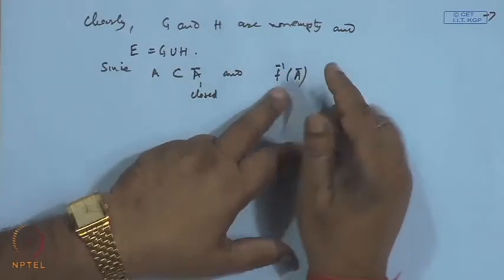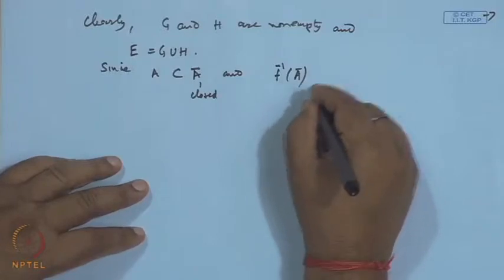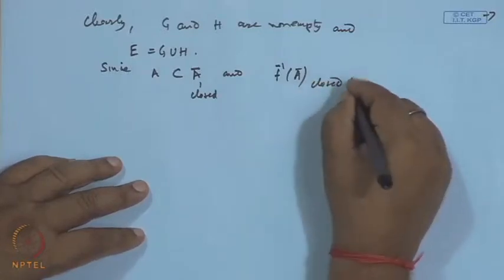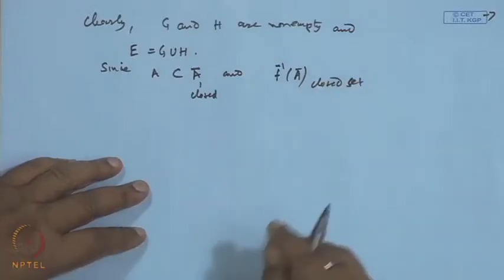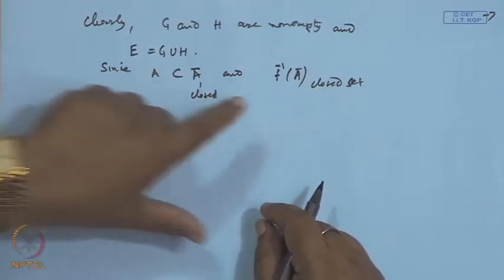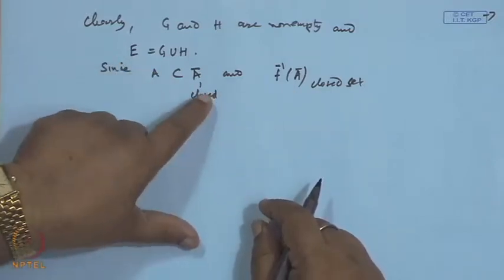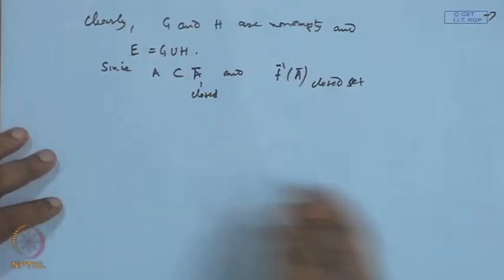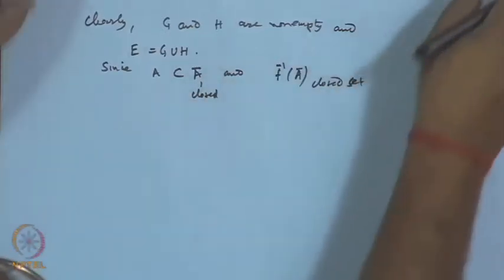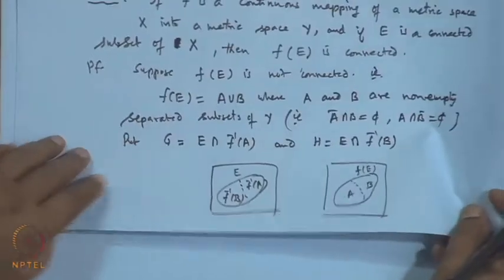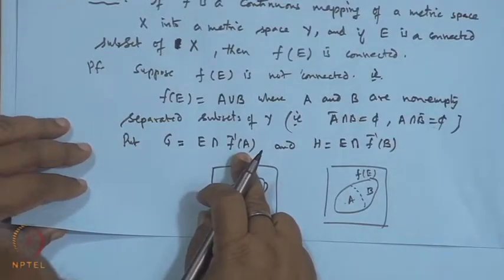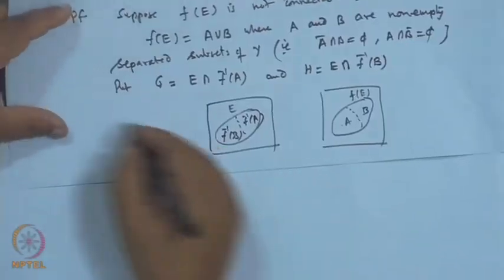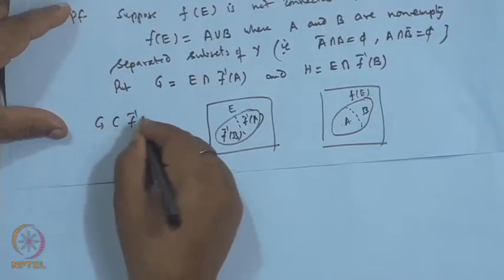So, f inverse of A closure will be a closed set. G is already contained in f inverse A, so G is a subset of f inverse A.